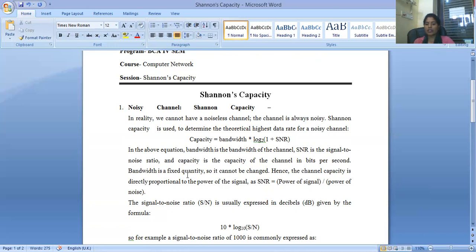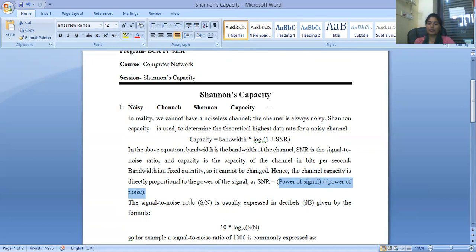Bandwidth is a fixed quantity, so it cannot be changed, and hence the channel capacity is directly proportional to the power of the signal, as SNR is the power of signal divided by power of noise. Isn't it?